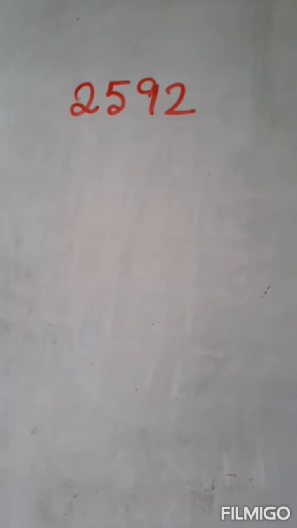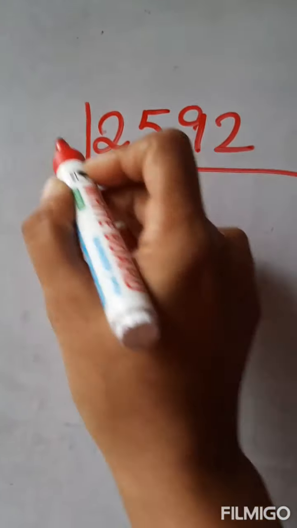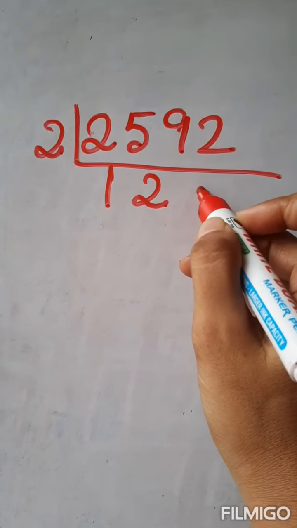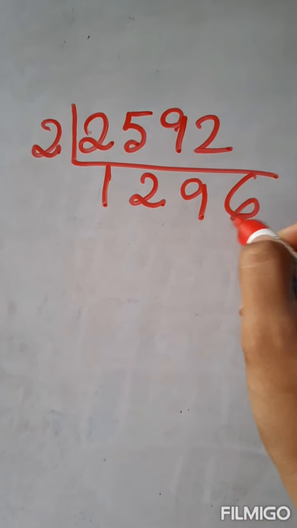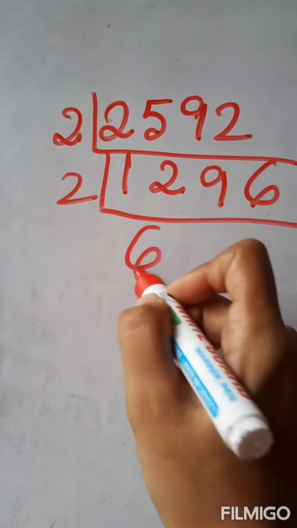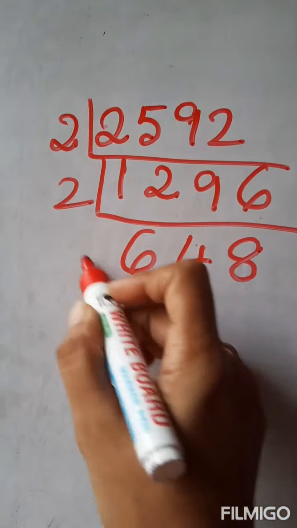Now let us find out which number 2592 should be divided by to make it a perfect square. This is an even number, so we divide it by 2. We get 1296. Again we divide it by 2. We get 648.